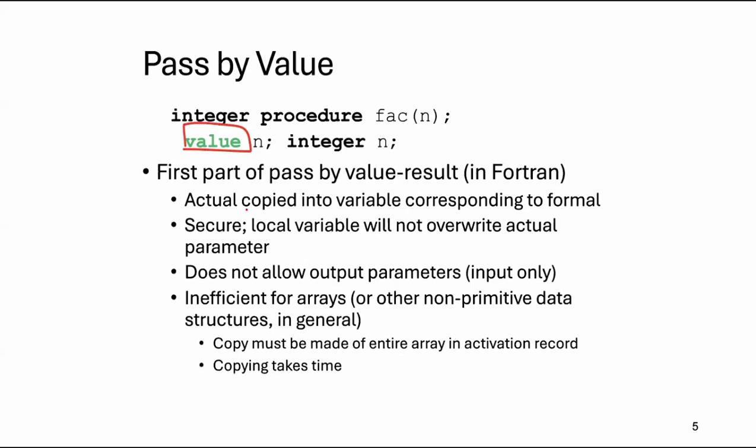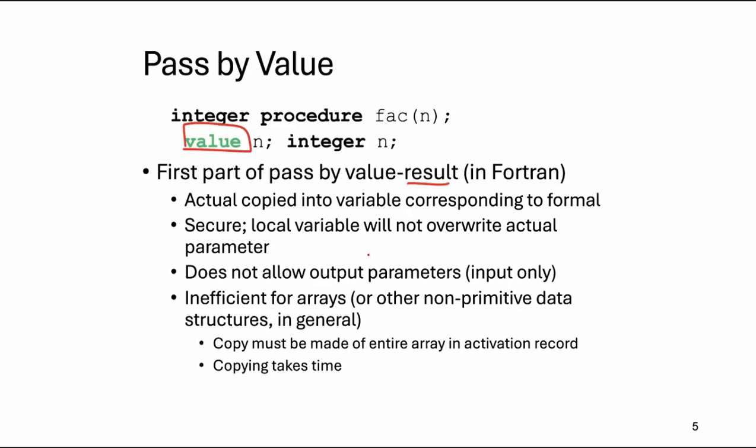In pass by value, as in Fortran, the actual is copied into the variable corresponding to the formal. It is very secure because local variables cannot be overwritten by the actual parameters. We just copy it and send it to the procedure. We never send the actual itself, so we don't worry about the actual parameter being overwritten by the procedure.